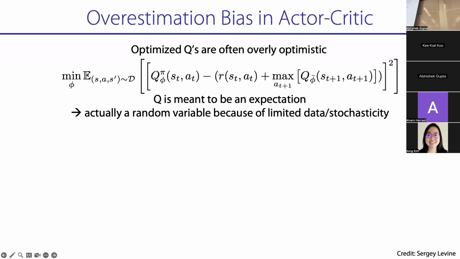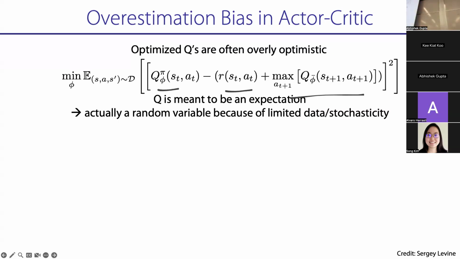Let's start with the non-actor-critic version, the Q-learning version of the Bellman update. It has essentially Q minus R plus max of the next Q, right? And remember, Q is the expected sum of rewards in the future. Q is an expectation.